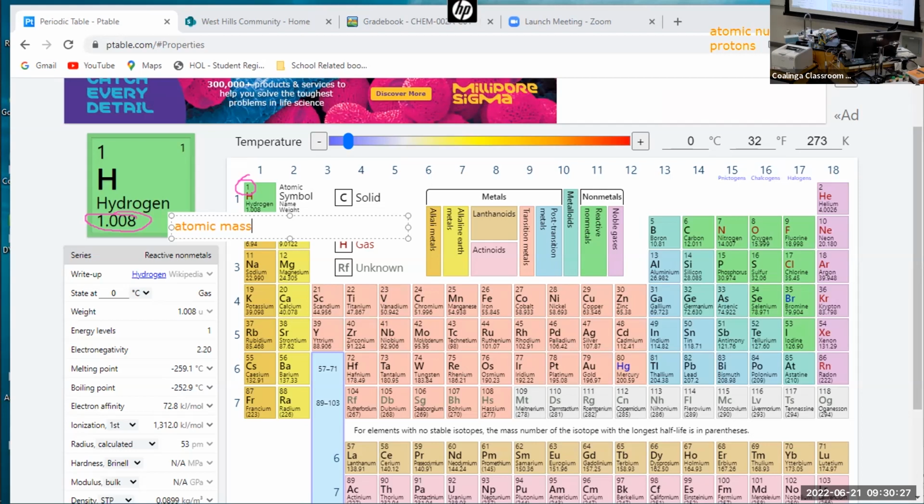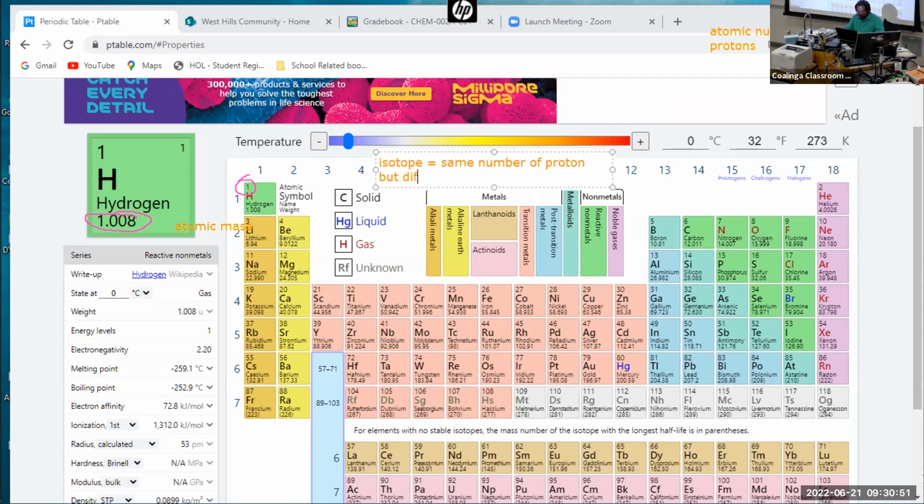Okay, isotope means the same number of protons, but a different number of neutrons.